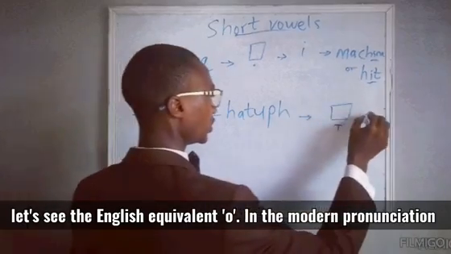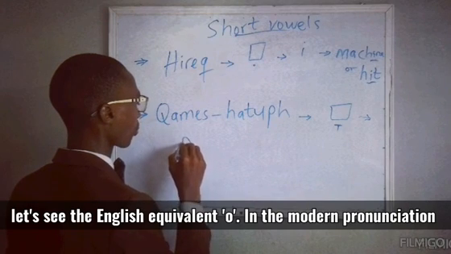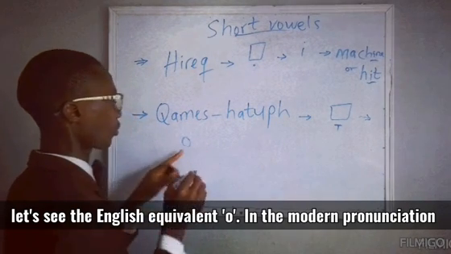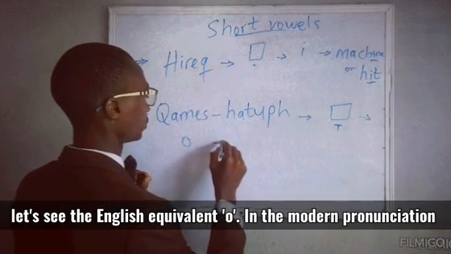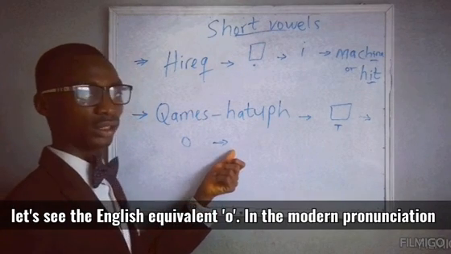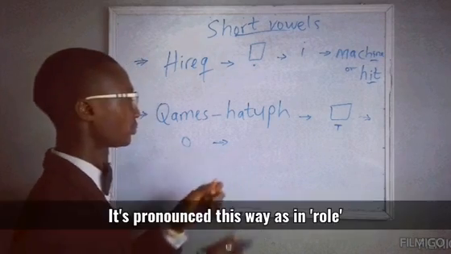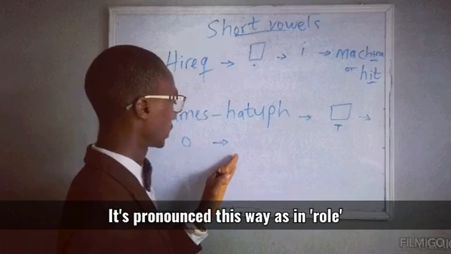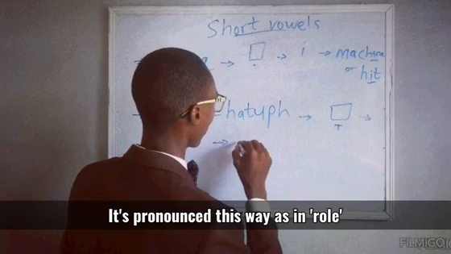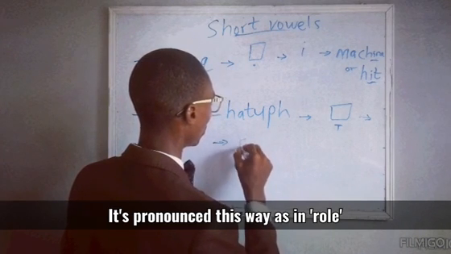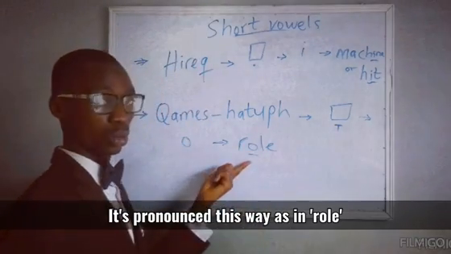Now let's see the English equivalent. The English equivalent is O, as in the modern pronunciation, it is pronounced this way, as in roll.